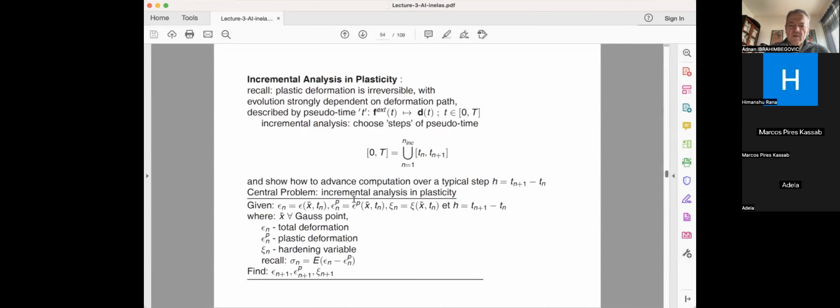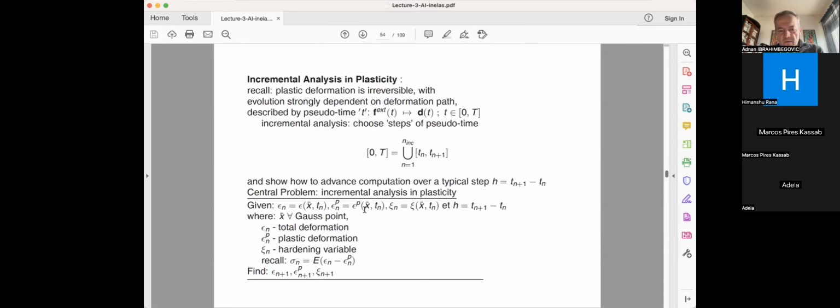So the goal is as follows. I know the state variables. These are the total strain at x bar. X bar is typically the Gauss integration point obtained by interpolating from a global displacement field and taking the partial derivative with respect to x. Then I have a plastic deformation which is stored, and I have a hardening variable which is stored. And I have my time step h taking me from Tn to Tn plus 1.